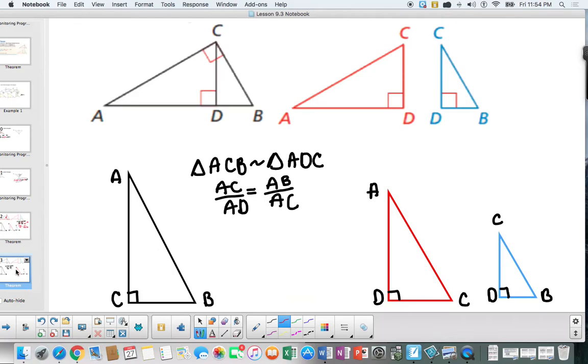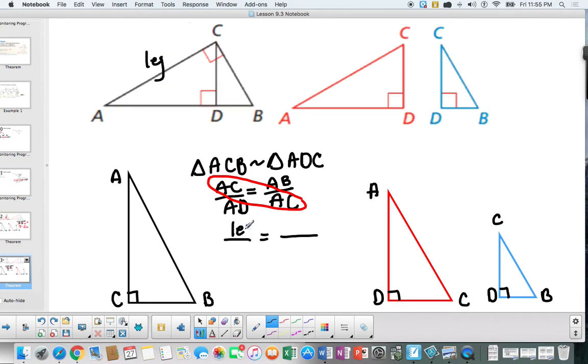Let's look at the same situation, but this time we're going to compare the big triangle with the medium triangle. And again, I've set up my similarity statement and I write my extended proportion. What's very interesting is I see a geometric mean happening again. Two of the same thing along the diagonal. What I'm going to do is look for its representation in words. So here's AC, and AC represents a leg.